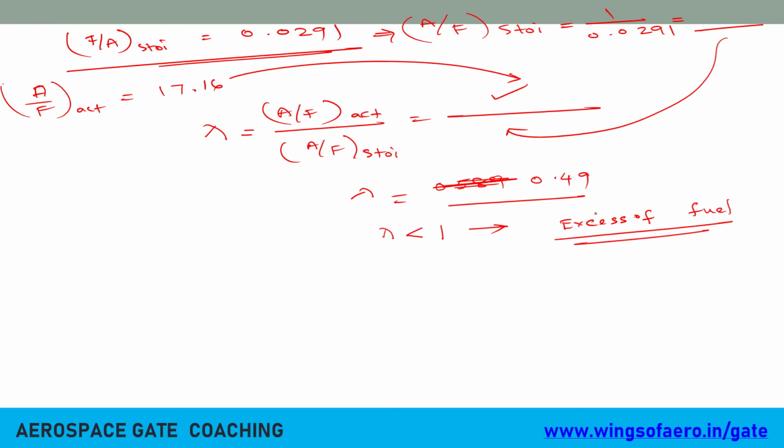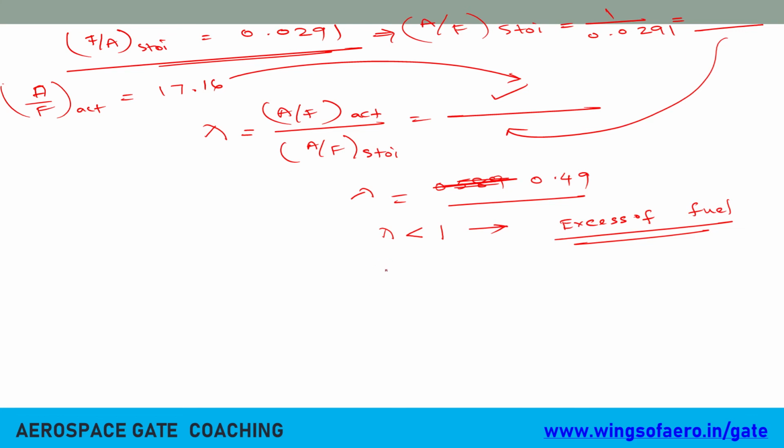Okay. So sometimes they will give you some statement and they will ask you to identify whether the scenario is excess of fuel or it's a rich mixture. They will not mention it directly. They might also give you your equivalence ratio.